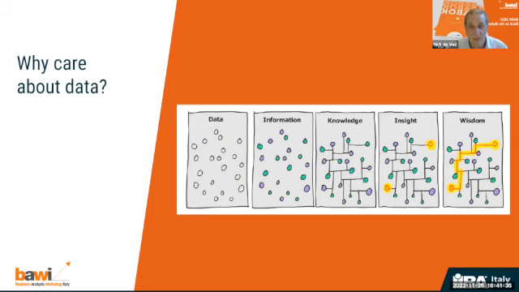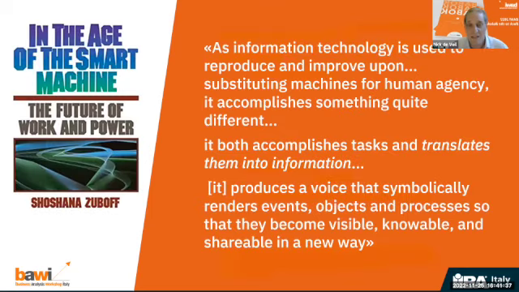There was a very good book published in 1988 by a lady called Shoshana Zuboff. It was really a prophetic book, I think. She said some very interesting things, and she introduced a new word. The word was informate, to informate. And to informate is to turn into information things that weren't previously considered information.